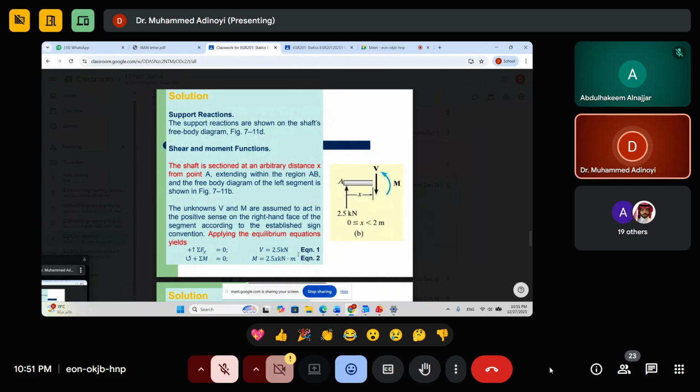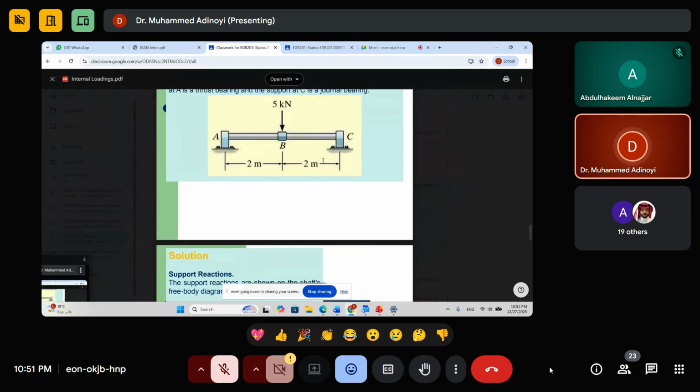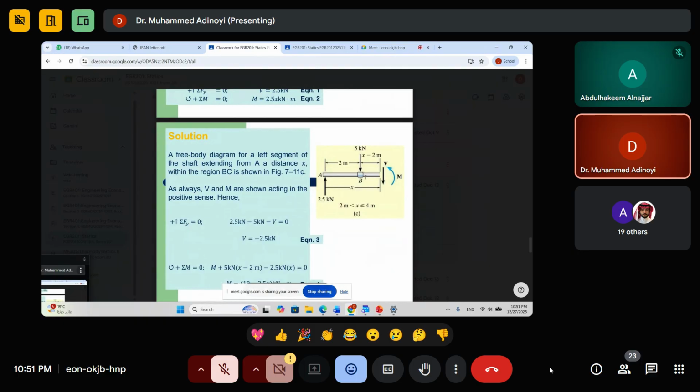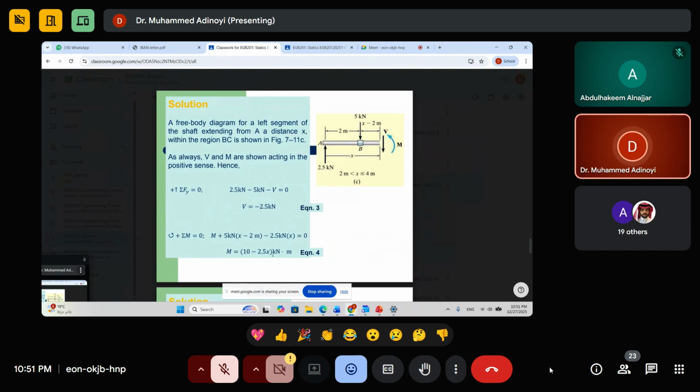Then after you cut and you find the equation, you have to cut again after the load. Before you get to another load, you cut again. So this is what was done here. Look, after the load, the beam was cut here again. Then the equation of this is going to be this one. This is the equation of this.